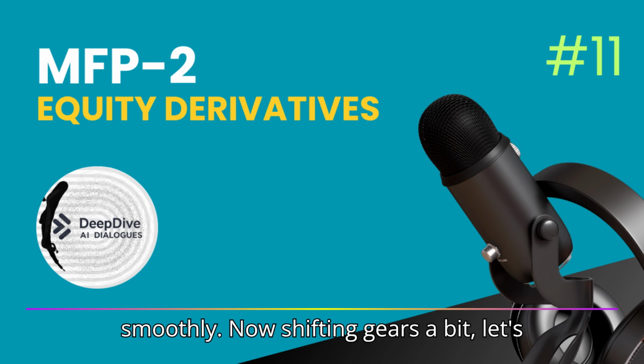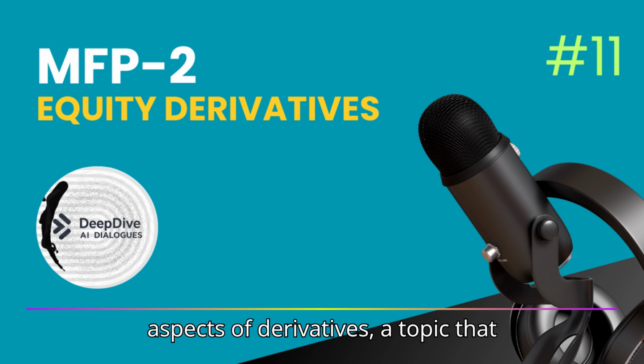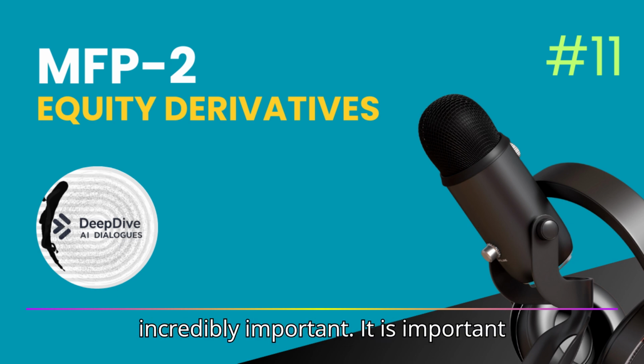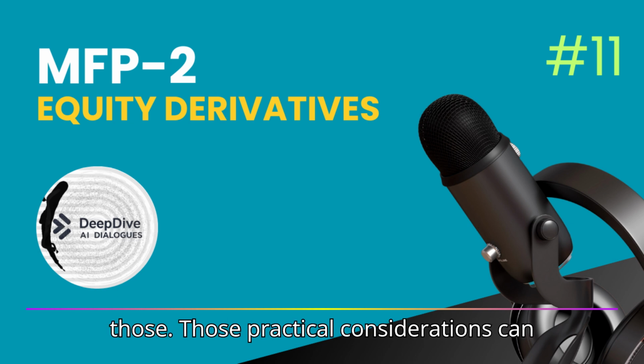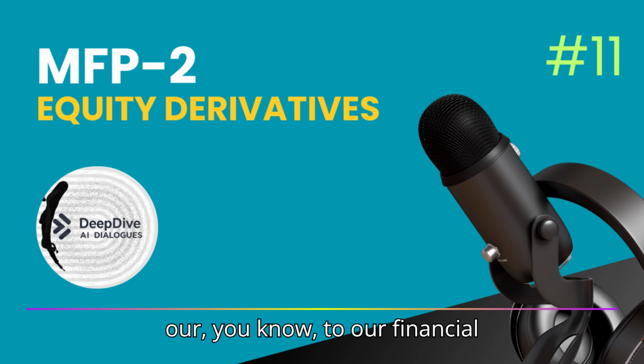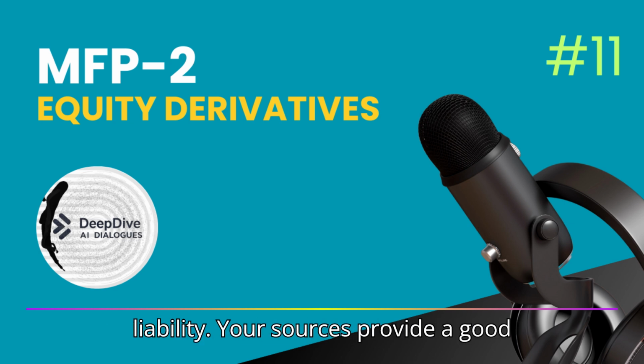Now, shifting gears a bit, let's talk about those accounting and taxation aspects of derivatives, a topic that's often overlooked, but it's incredibly important. It is important. Those practical considerations can really make a difference when it comes to our financial statements, and of course our tax liability.